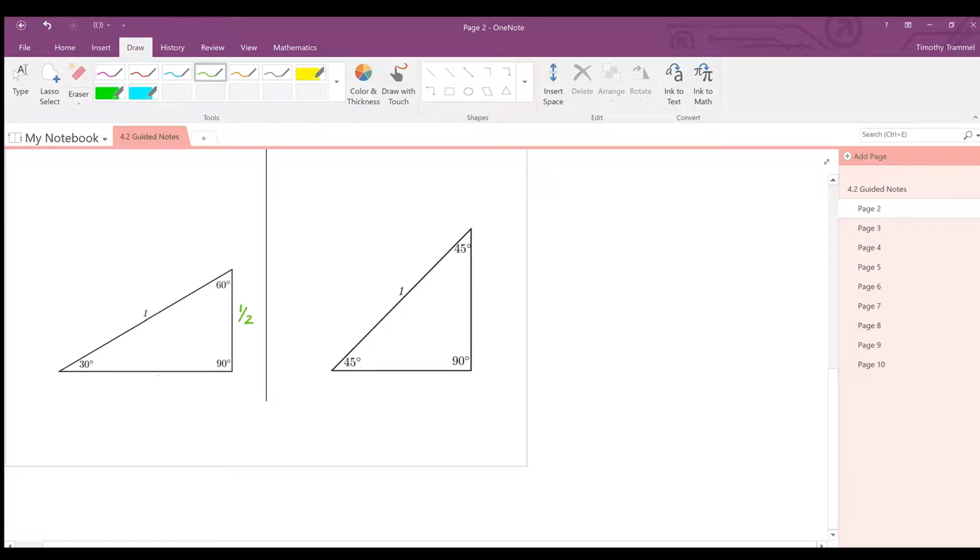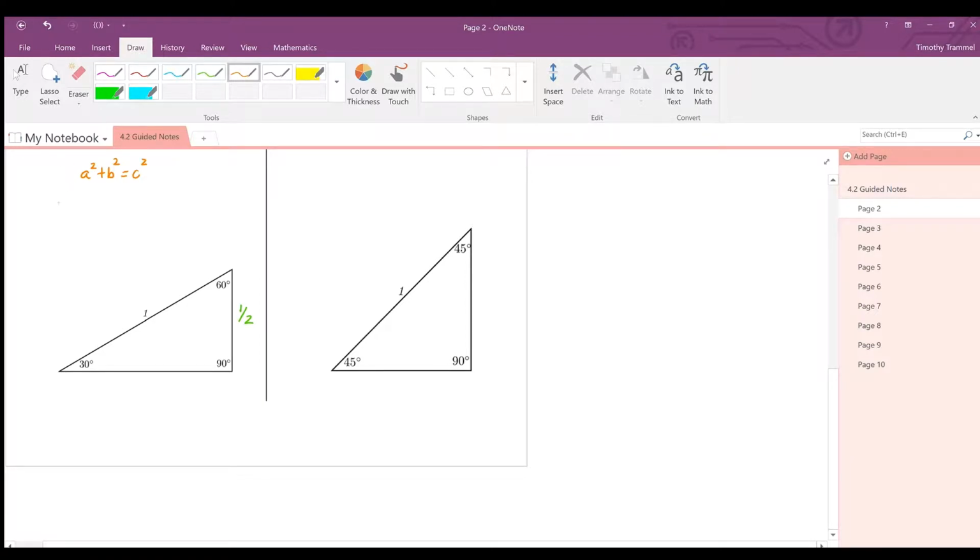So we still have one more missing side. But that's actually not going to be too hard to find either. You might remember that a squared plus b squared equals c squared, where c is the length of the hypotenuse of a right triangle, and a and b are the lengths of the two legs of the triangle.